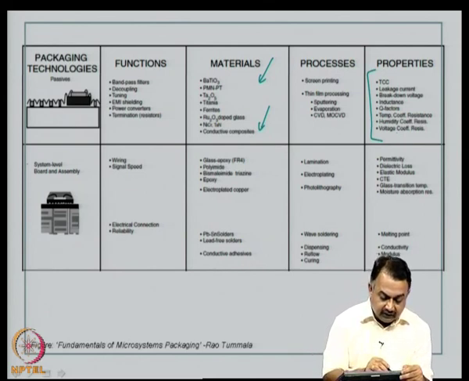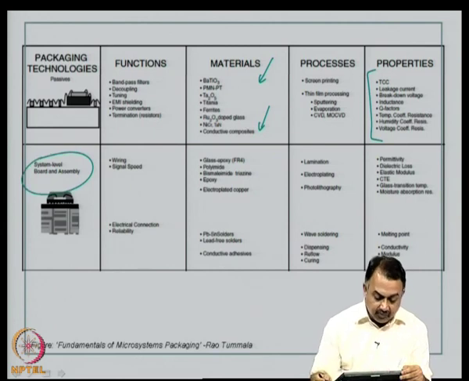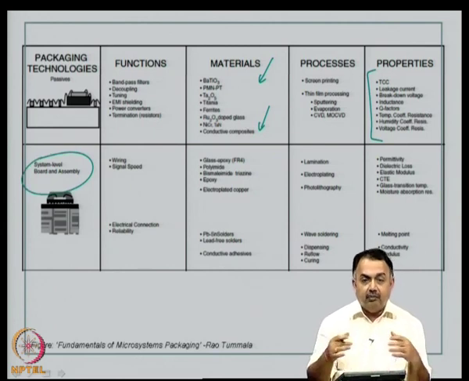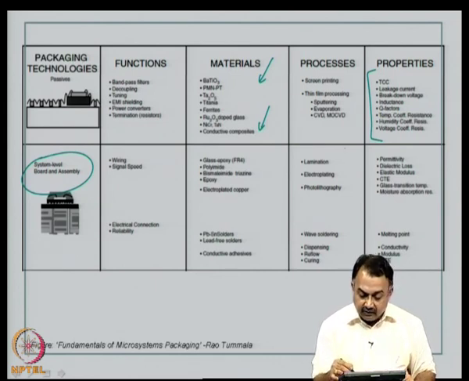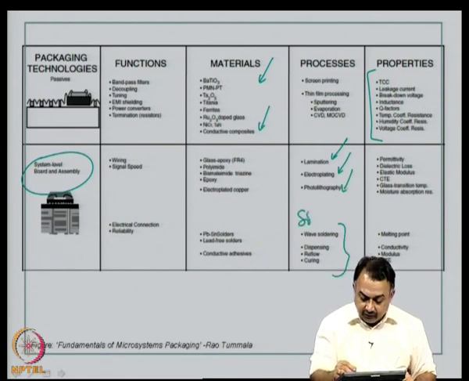Now, finally, at the system level also they are very important, because when you talk about building a system level printed wiring board, here again the key issue is what kind of organic substrate you can use, what kind of reliability issues you will get with processes like lamination, electroplating, photolithography, soldering processes, very key, and we have spent a lot of time on soldering processes.